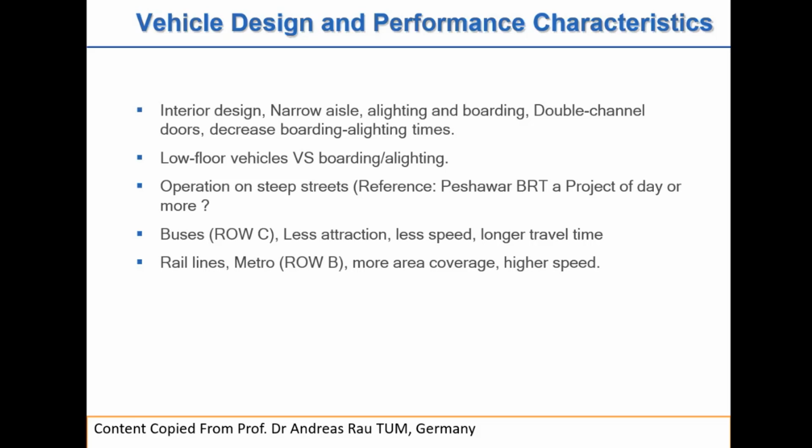So in that specific situation, to increase the alighting and boarding capacity, we need to eliminate the seats, the chairs which are near the door. This is one of the measures we can take within the vehicle to improve alighting and boarding.